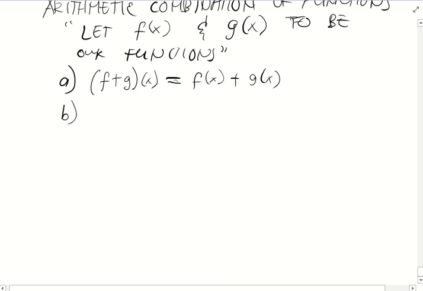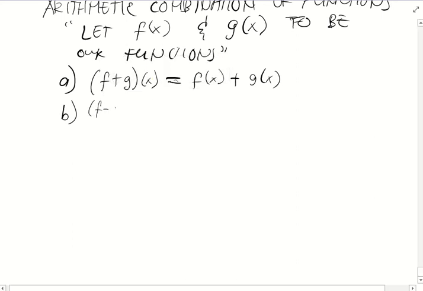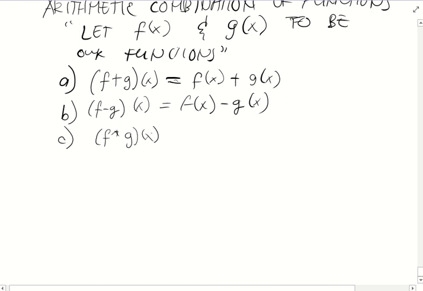So letter B, if you want to subtract, then I just put minus here, or just write here f minus g of x is f of x minus g of x. Then if you want to multiply, it's all the same, f times g of x is equal to f of x times g of x.